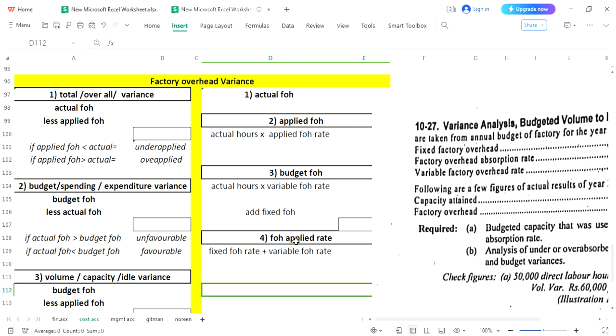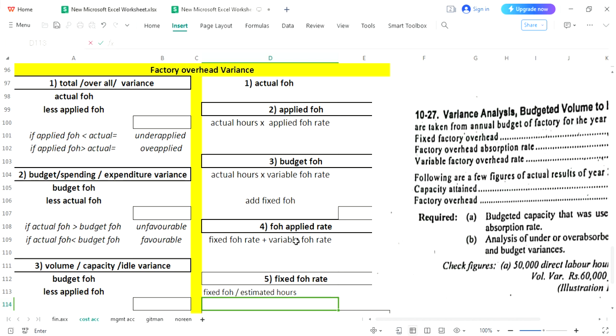At fifth place, you will calculate your fixed FH rate. How? In your question, you will search fixed FH, and that would be divided by estimated hours. Okay.